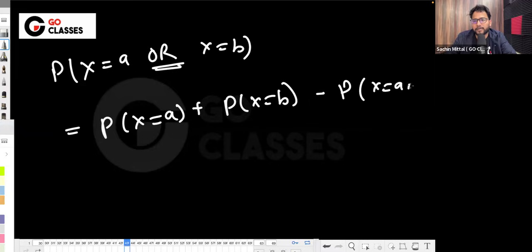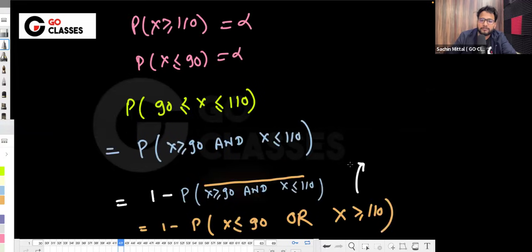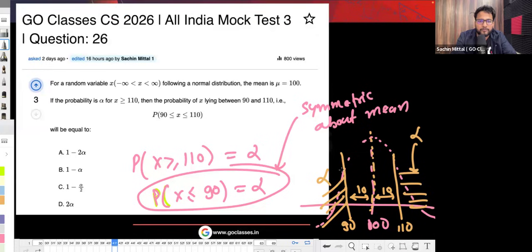X equal to a and x equal to b, something like this. But here you can directly add because these two events cannot occur together. So basically here it will be 1 minus alpha plus alpha, which is 1 minus 2 alpha. So it will be 1 minus 2 alpha.